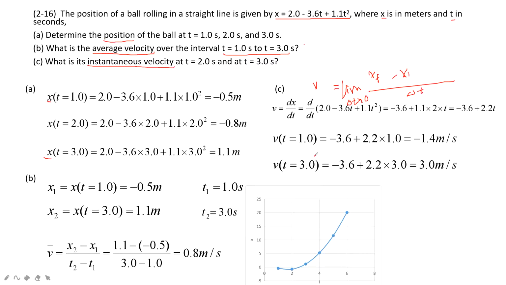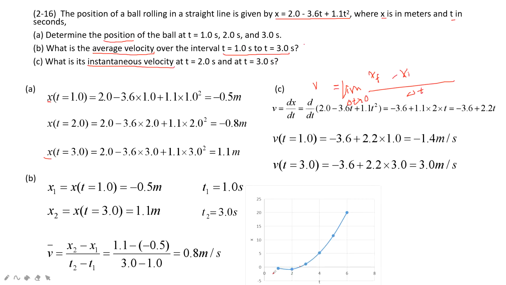Now, finally, we can draw how this motion works. We can draw a function, or we can draw a picture. It looks like this: this is the x position and this is t. At the initial time, it is at the negative side, then it reaches the origin, and then it goes in the positive direction.